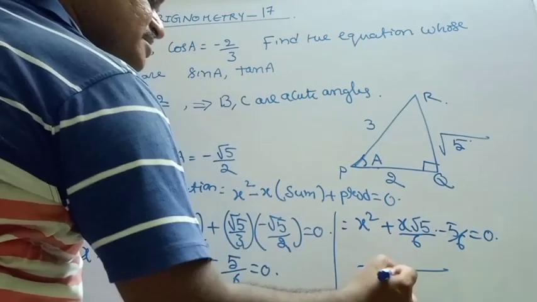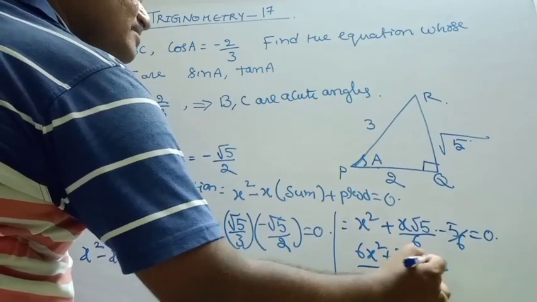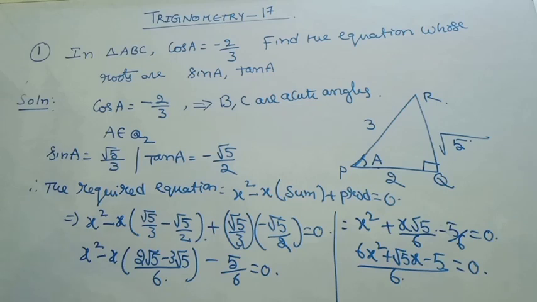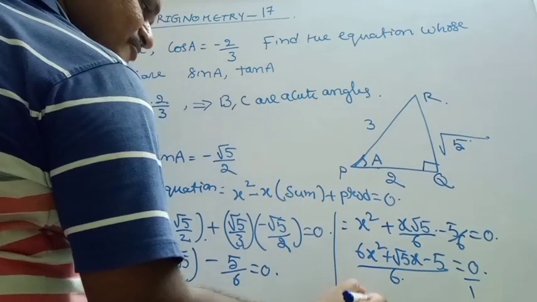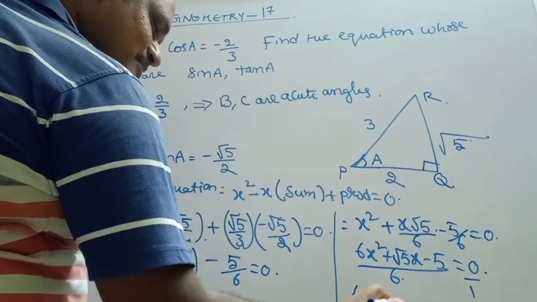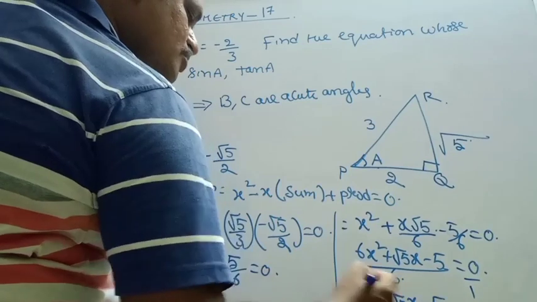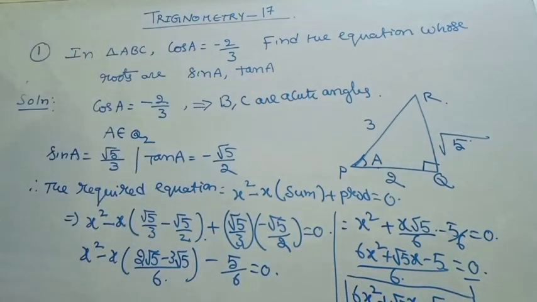Now if you take LCM 6, this is 6x squared plus root 5 x minus 5 equal to 0. If you do the cross multiplication, finally you will get 6x squared plus root 5 x minus 5 equal to 0.